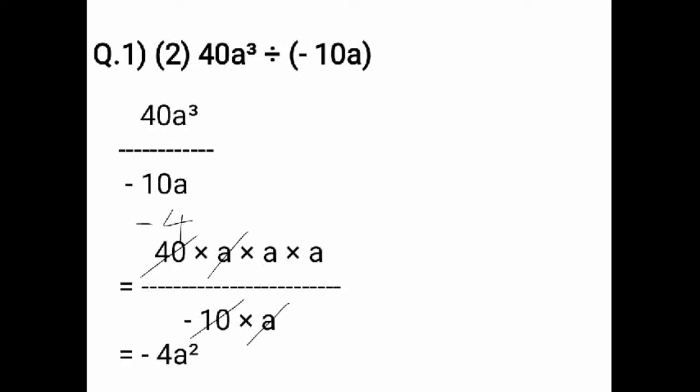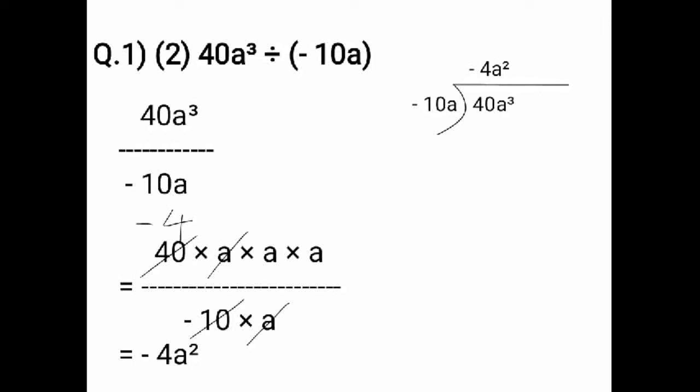Now you have to divide 40a cube by minus 10a. Okay. The quotient you already got here. Whatever quotient you got, you write that only when you are dividing. 40a cube divided by minus 10a.